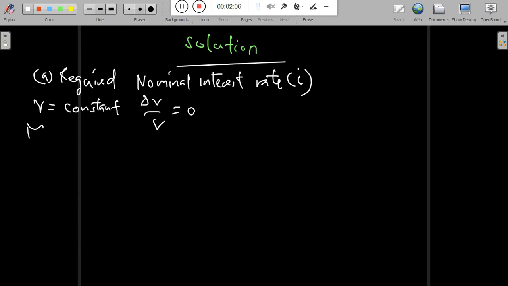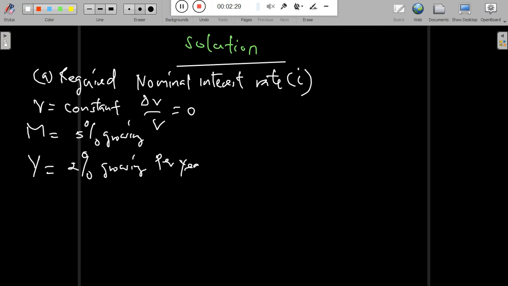The real interest rate is equal to 4. The money growth was 5%, and the output growth was 2%, but the real interest rate was 4.